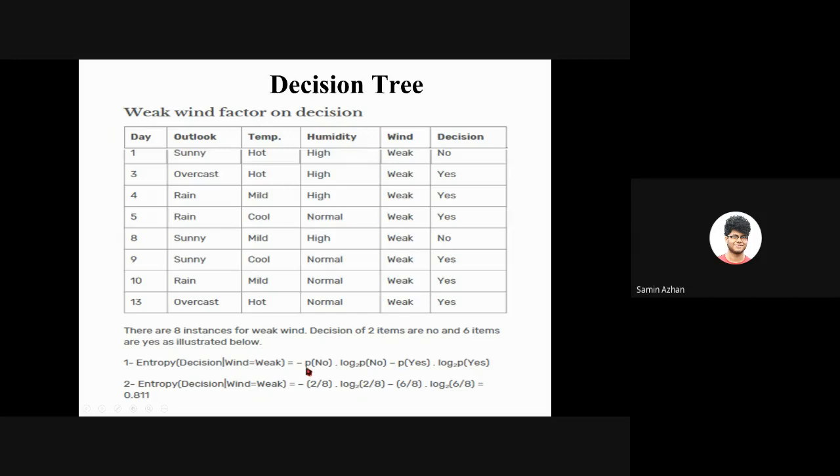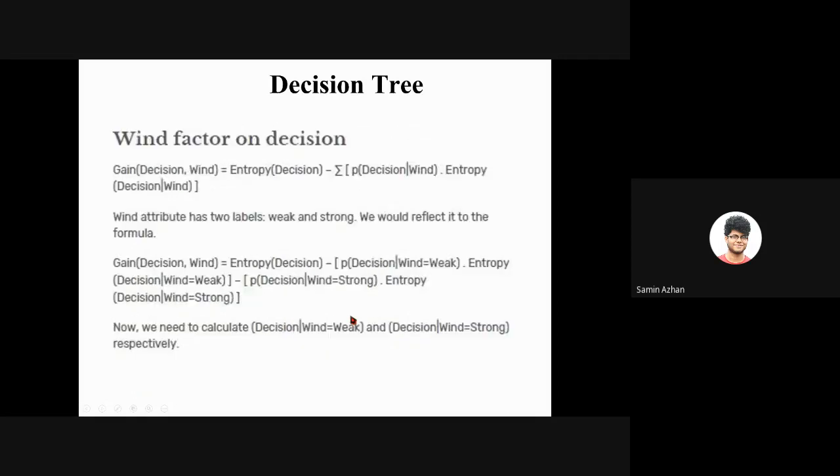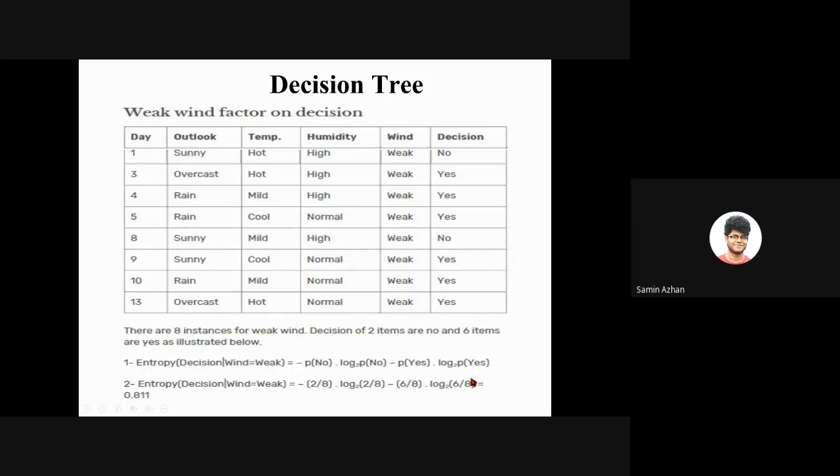Again, the equation is the same: minus the probability of yes times log base 2 of the probability of yes, minus the probability of no times log base 2 of the probability of no. In the previous equation it said yes first and no second, but it doesn't really matter. They both have negative signs, so you can write no first and yes later.